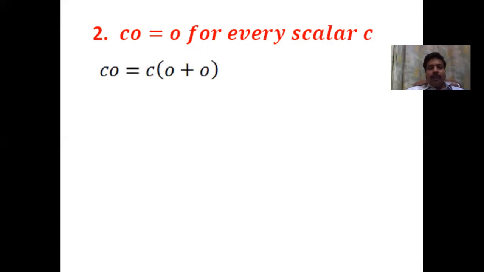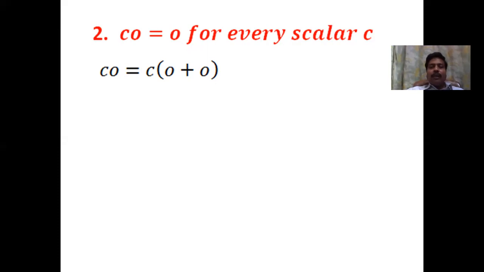So cO is equal to c times O plus O. Since O is the 0 vector, if you add the 0 vector to the 0 vector, you will get the 0 vector again. It will not change anything. So the 0 vector can be written as O plus O. So it is c times O plus O.